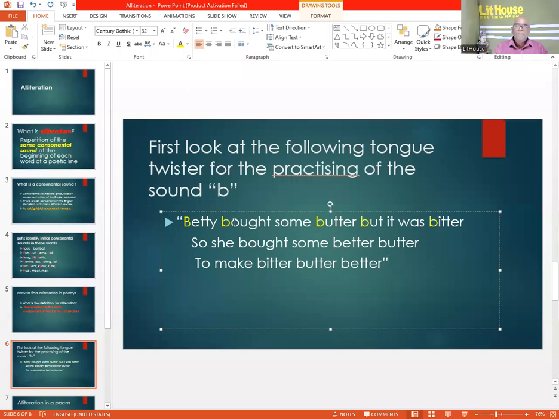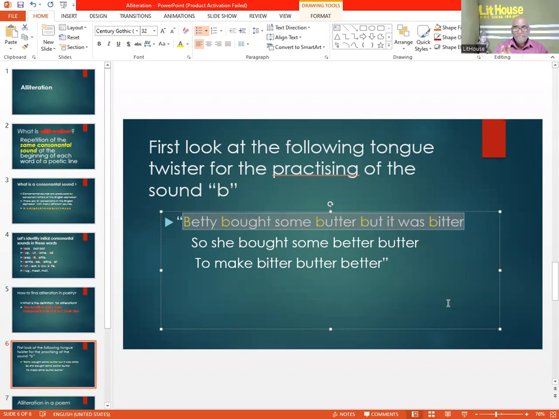Now we say, in this poetic line, the sound B is alliterated. Note it down if you wish. The sound B is repeated.